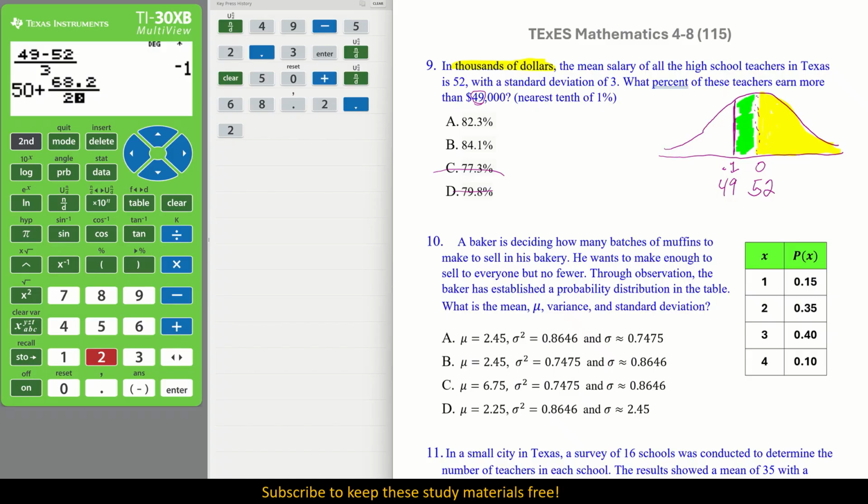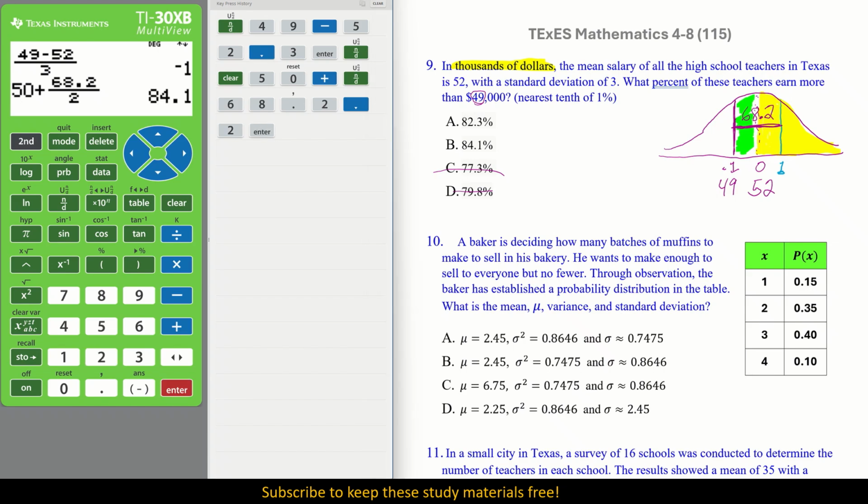If you have paid attention to what I said prior in the video, from -1 over here to 1, remember, from here to here, what is this equal? Well, that's my 68.2. So I need half that, right? Because that's the empirical rule. Remember that. So let's push enter, and there we go. Option B.